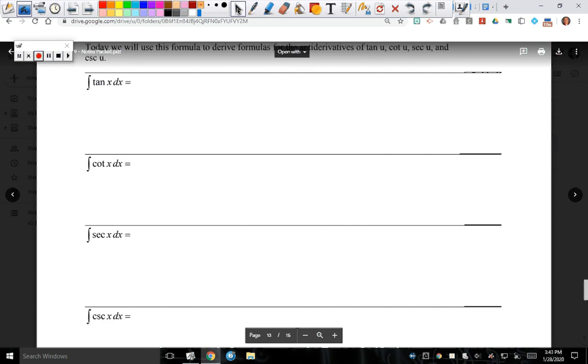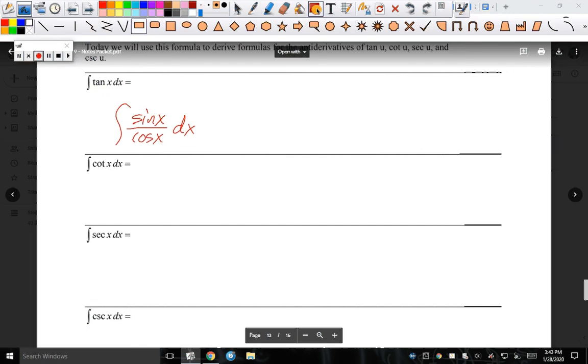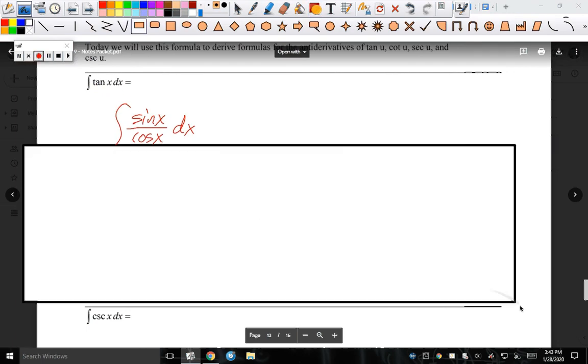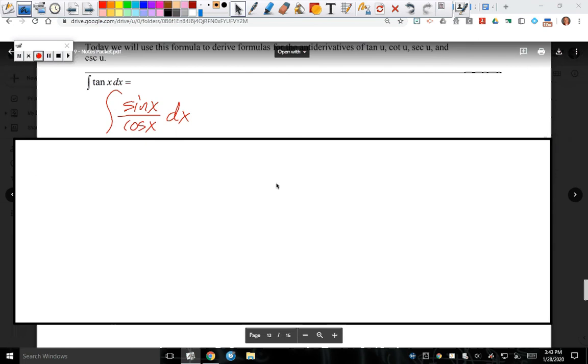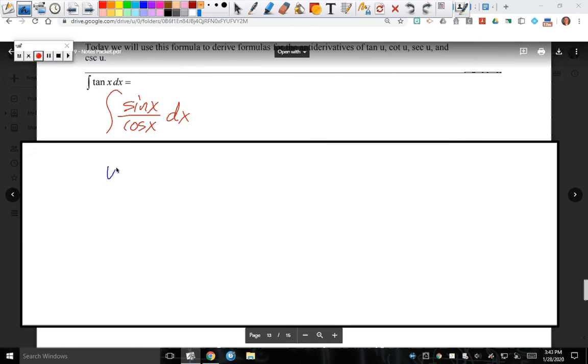Tangent is the same as sine over cosine. So u, let me do correct notation so that you can see it. U will equal cosine. You see it? So why can't you just integrate and say that integral of tangent is secant squared? Because the integral of tangent is not secant squared.